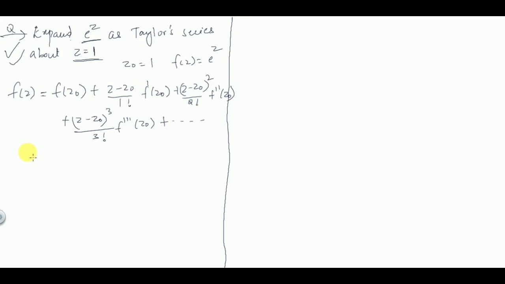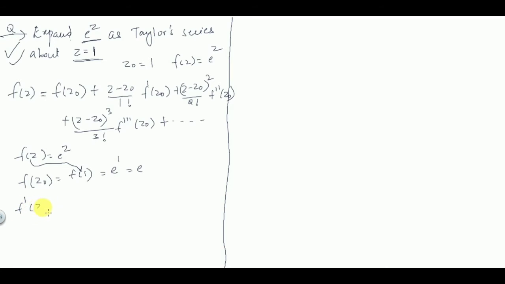So f of z is equal to e power z, and we have to find the value of f of z0, that is f of 1. So just substitute z is equal to 1 here, so it will be e power 1, which is equal to e.